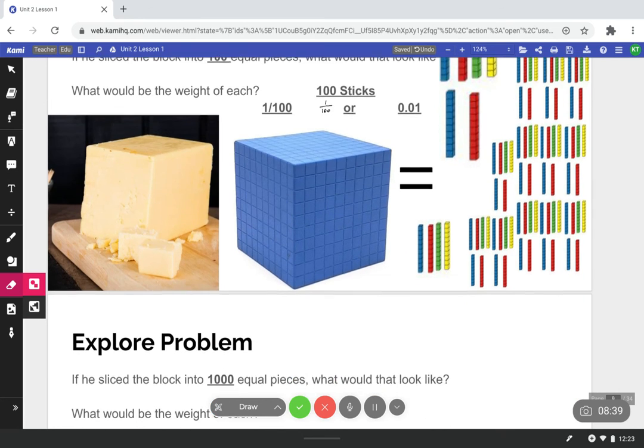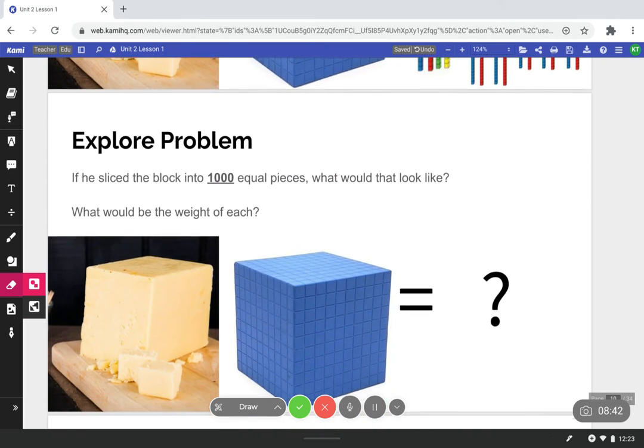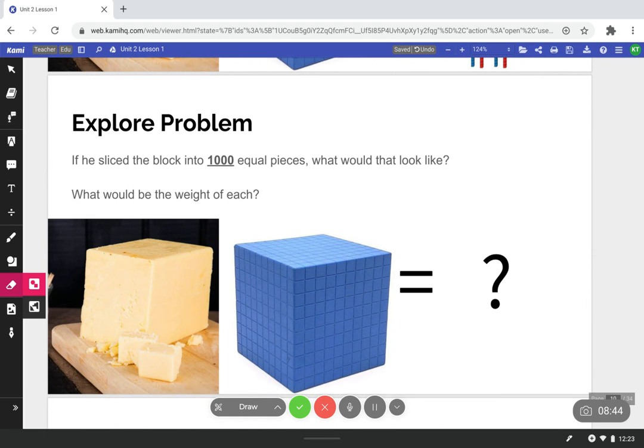Okay, let's go on. And this party is getting even more popular. So remember, we started out, this cheese party only had 10 people, and then we increased it to 100. Now we're in 1,000 people. So Ben has 1,000 people coming to their party, and each person gets 1 piece of cheese.